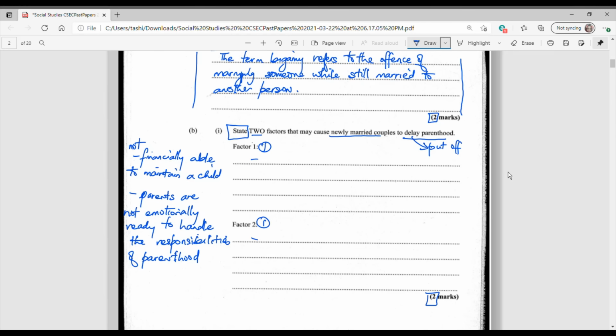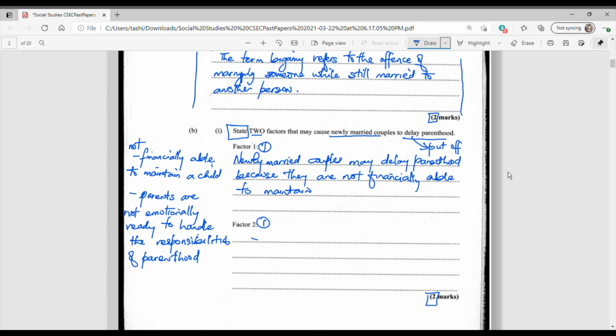So how would you write it in a sentence? You could say that newly married couples may delay parenthood because they are not financially able to maintain a child.